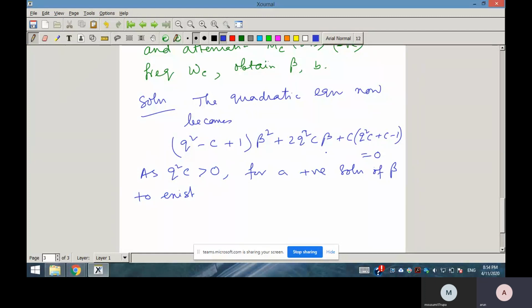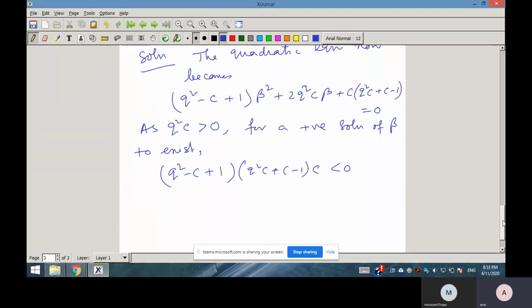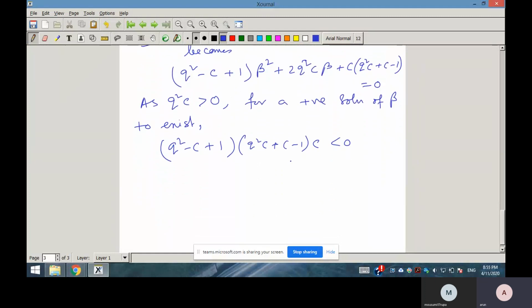There it will be a into c less than 0, as I discussed in the last class. So here also, a is this one, and c is this whole term. So for a positive solution of beta to exist, the condition is: Q square minus C plus 1 into Q square C plus C minus 1 into C should be less than 0. Now we'll see what is your C.